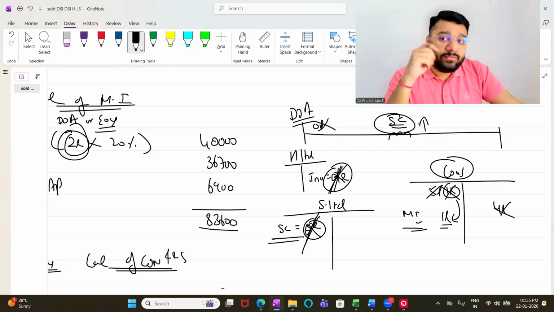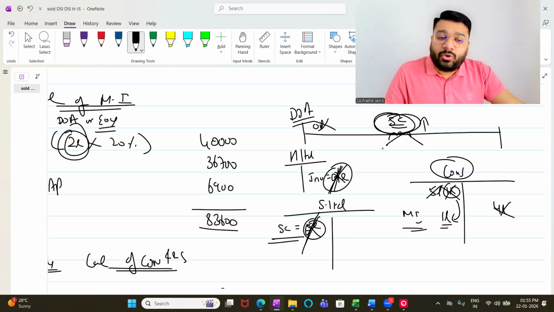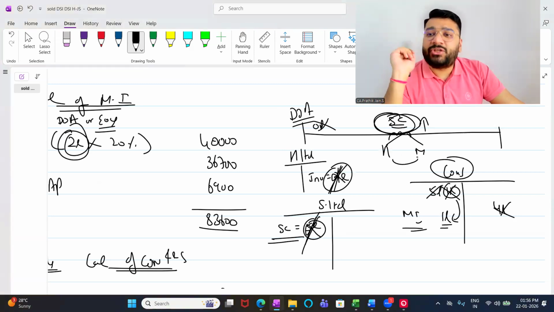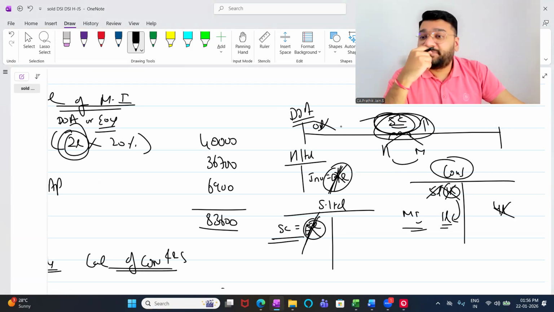That capital, how will you knock off? That also you have to knock off, no? When you issue the share capital, it goes to both holding company and minority in the same proportion, let's assume. The new shares are issued to both holding and minority in the same proportion. Bonus issue is done in same proportion. Correct? How will you try to knock off the share capital?